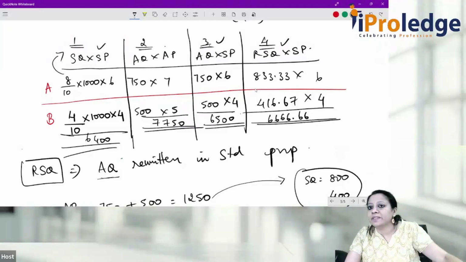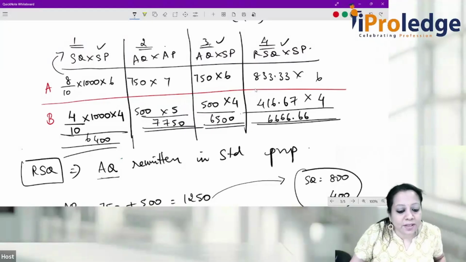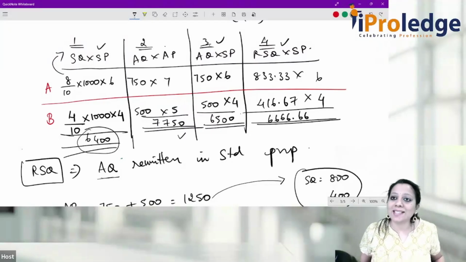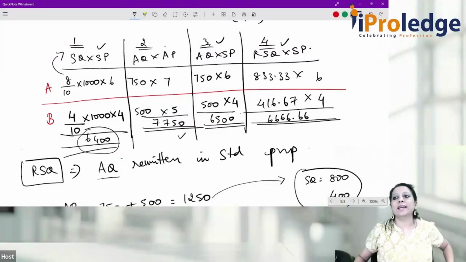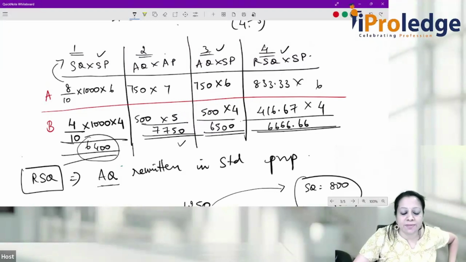We all know standard is different from budget because budget is simply estimation, whereas the standard is based on actual output. But still, suppose you have planned for 6,400 and you have spent 7,750. That means it is adverse only, no? So you should say it is A, adverse. You don't have to write adverse fully. A or F, if you indicate, that is enough. F means favorable.